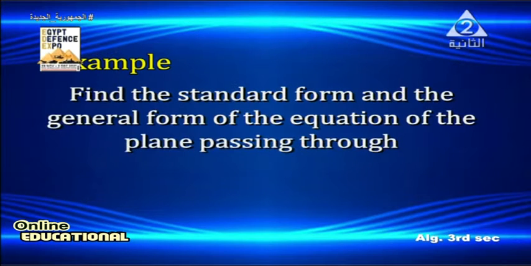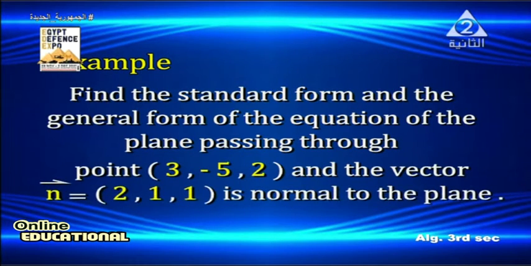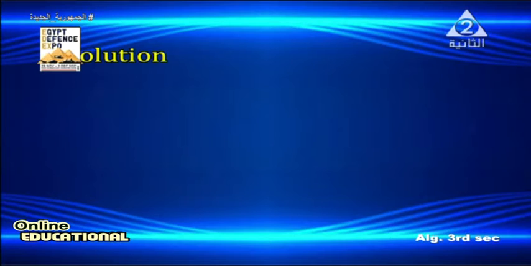My dear student, look at the important example. Find the standard form and general form of the equation of the plane passing through the point (3, negative 5, 2) and the vector n (2, 1, 1) is normal to the plane. Solution.